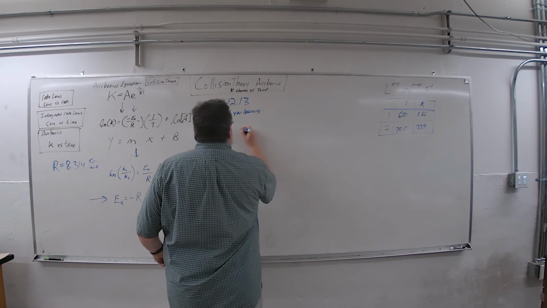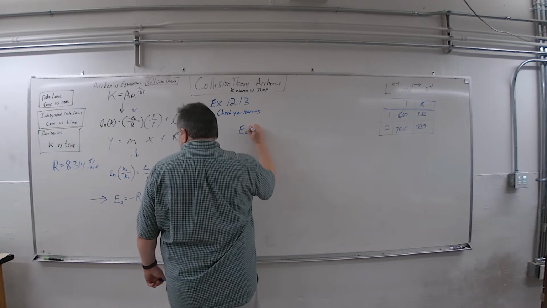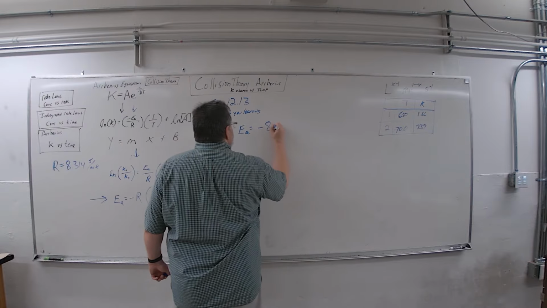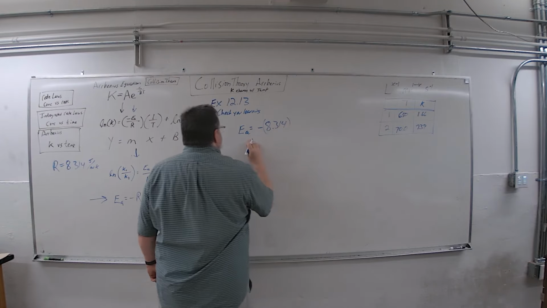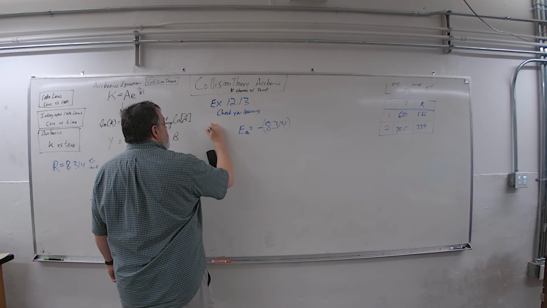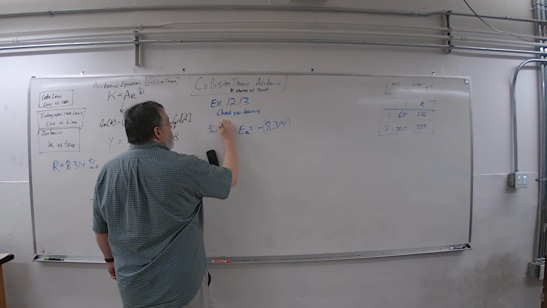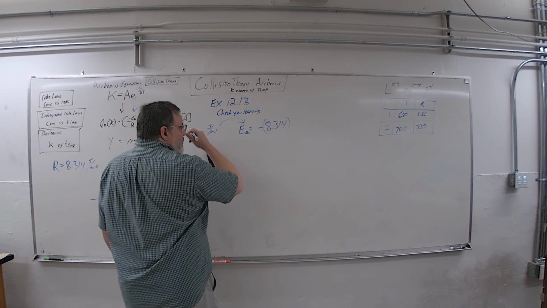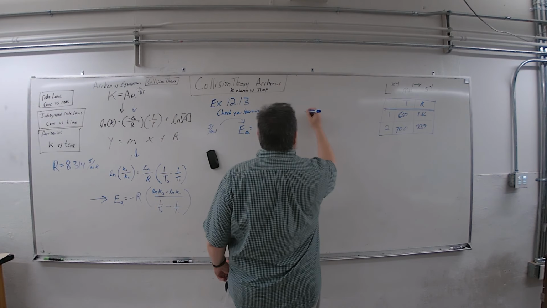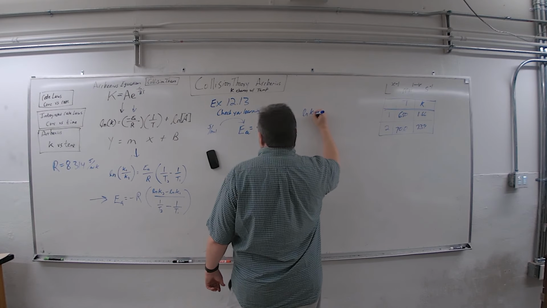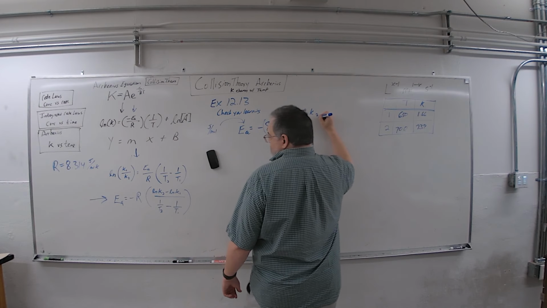So energy of activation equals negative 8.314. I'm going to leave the units out because I know that this comes out to joules per mole. Joules per mole Kelvin would be this. And then K2.